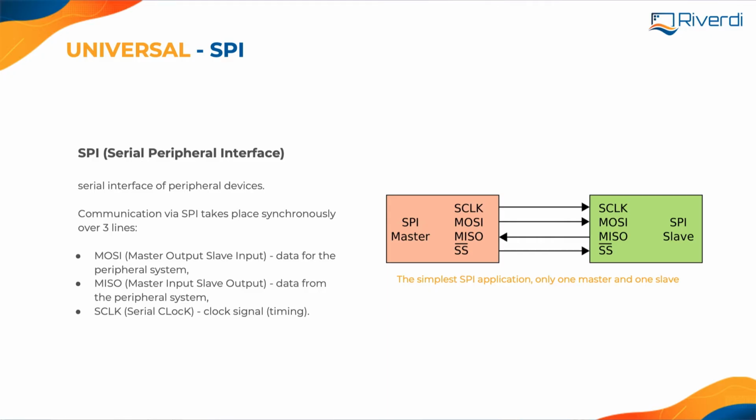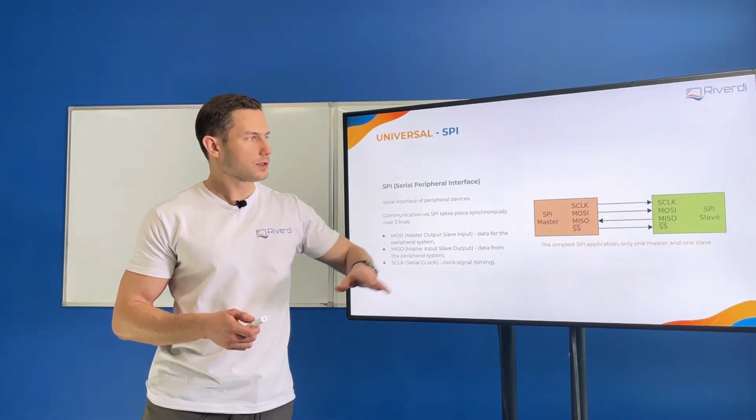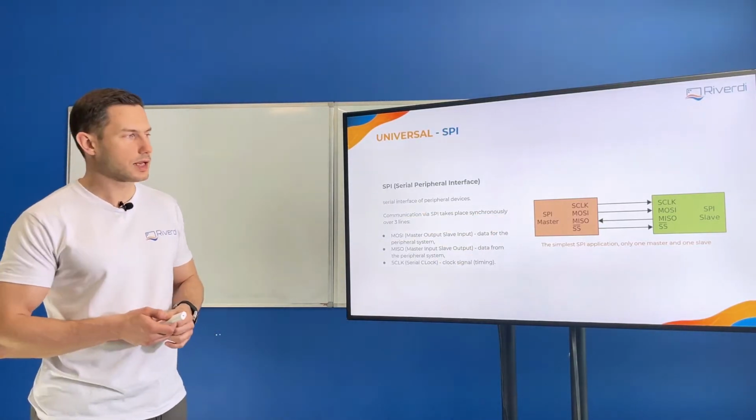First, the universal interface will be SPI, the Serial Peripheral Interface. That means this interface is serial, of course, and it's used to communicate between a host, called the master in SPI, and the devices that we usually call slaves.